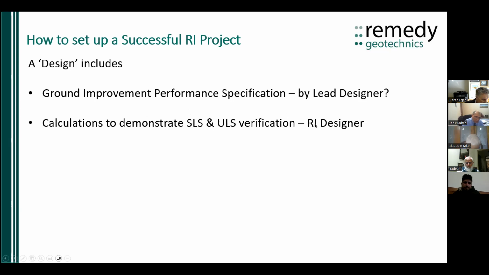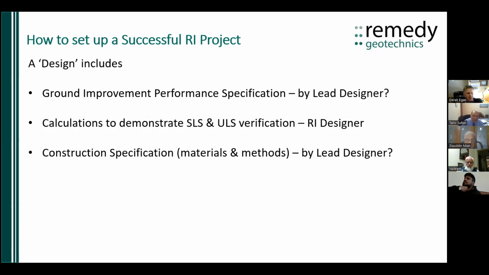And that's obviously going to be by the rigid inclusion designer, which might be an independent consultant or might be the specialist contractor. But then there's also going to be, or should be, a construction specification covering the quality of materials and methods to be used. And that is probably by the lead designer. So this specification here and this one here is probably by the lead designer.